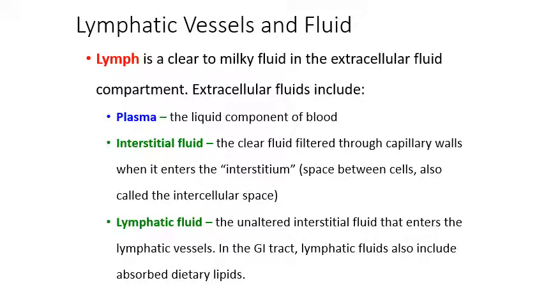All right, so lymph itself is basically this clearish fluid, sometimes can look a little bit milky, that we find in the extracellular fluid compartment. So extracellular meaning on the outside of your cells. So these extracellular fluids are going to include plasma, right?